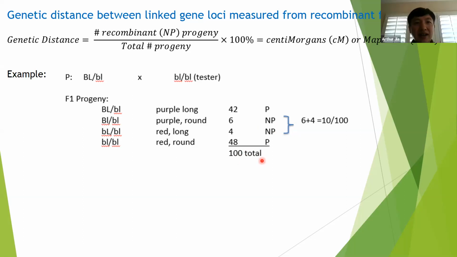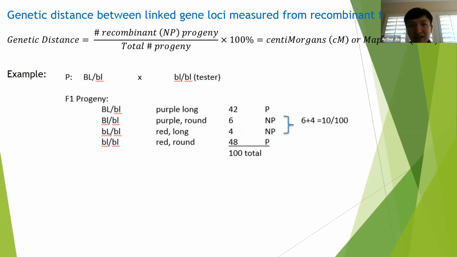All right. Now we can use this very simple equation formula to help us calculate the genetic distance between these 2 loci. So it's very easy to understand, right? The numerator is the number of the recombinants. So here, there are 10 in total.